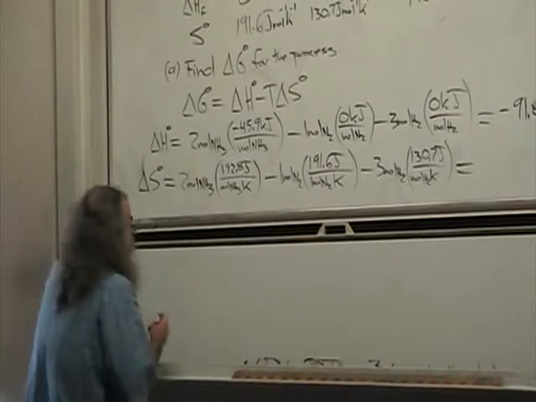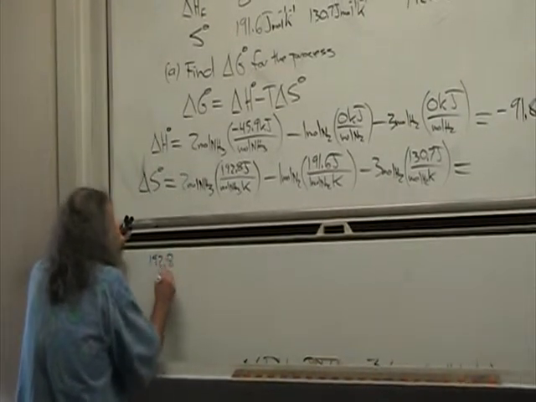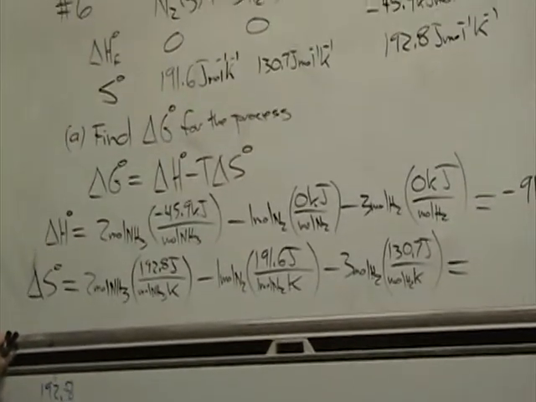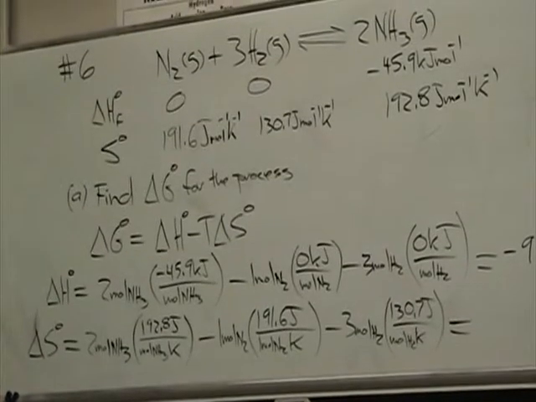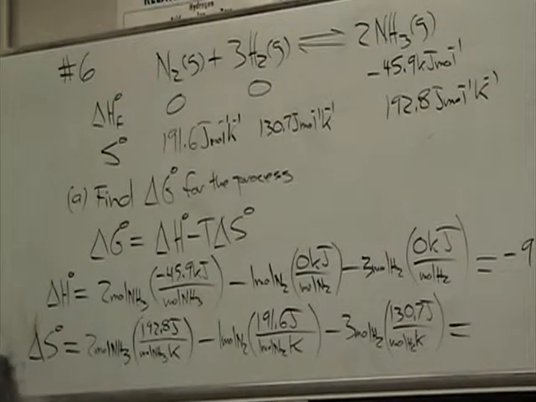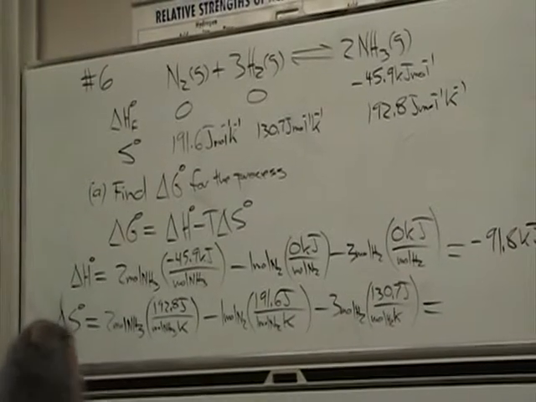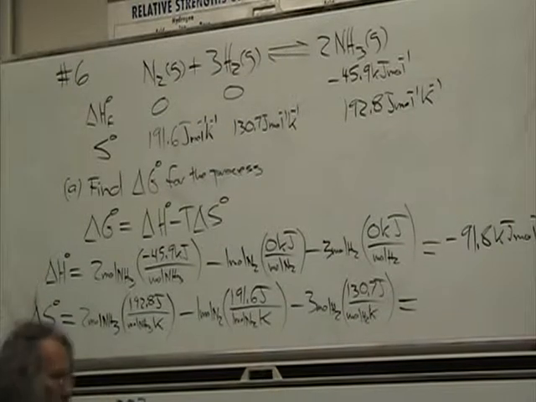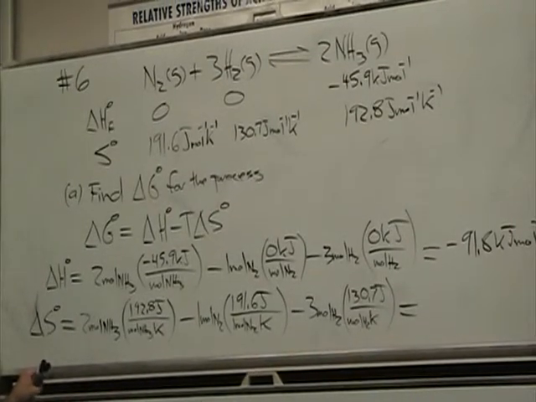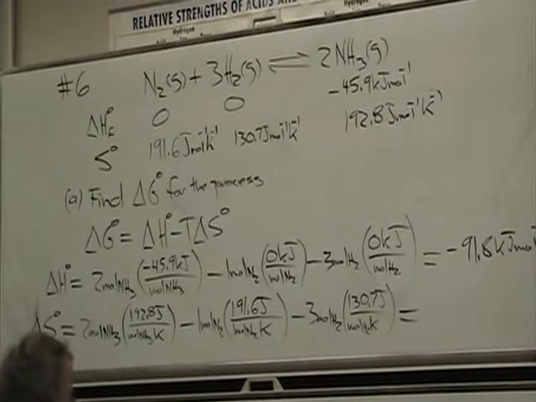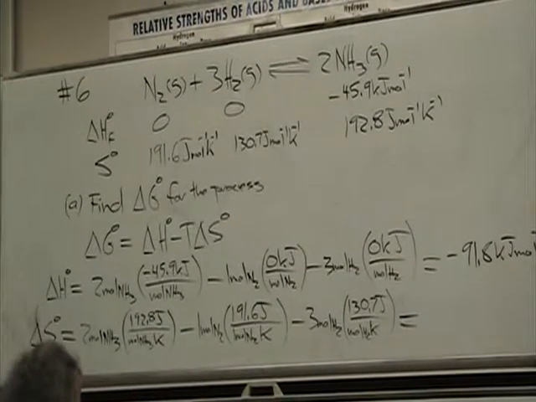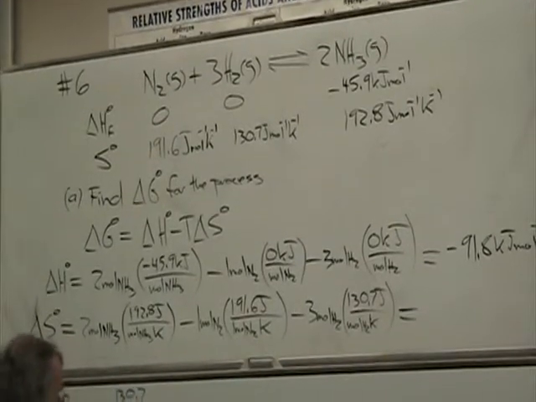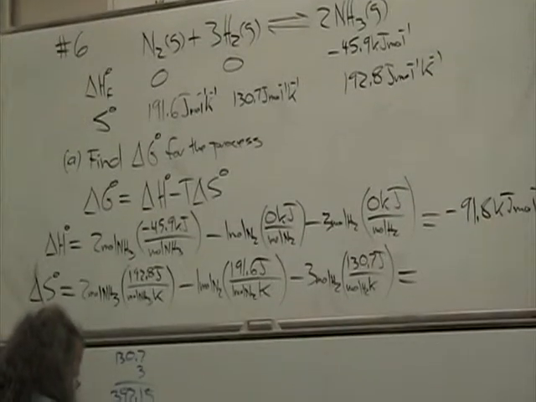192.8 times 2 is 385.6. And the 3 moles of 130.7 is 392.15, and that is going to be added to 191.6. 392.1, sorry.